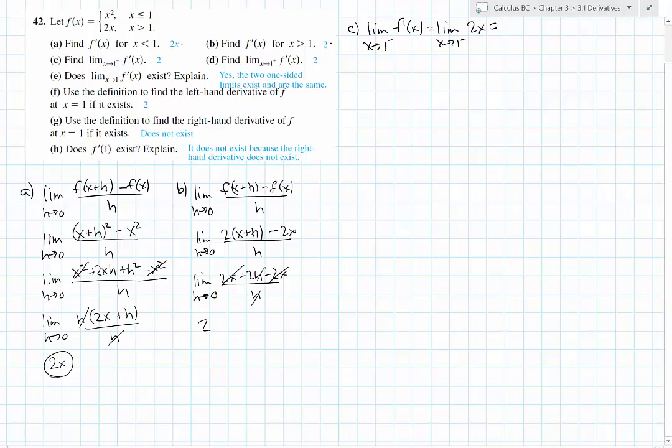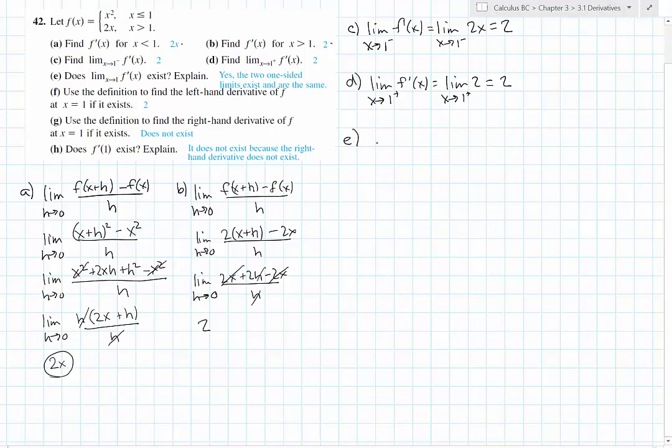And that value is 2. Part D. The limit as x approaches 1 from the positive side of f prime of x. Well, we've already found the value of the f prime function when we're above 1. That's equal to 2.